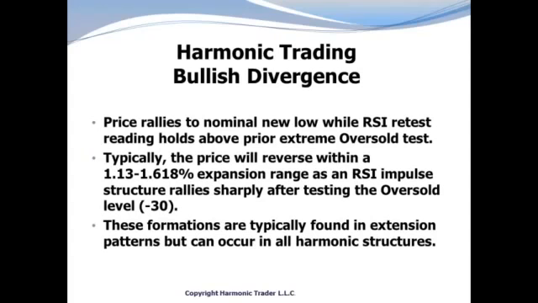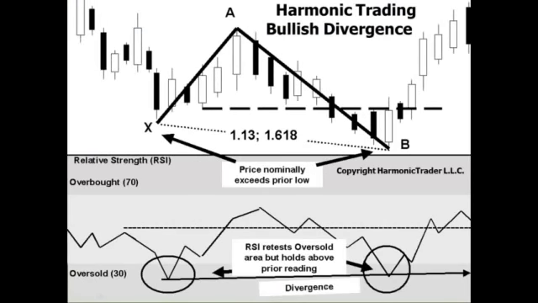Now, these formations are typically found in extension patterns, but can occur in all harmonic structures. And we'll look at some examples here in a second. But here is the illustration, and this is a powerful technical development.